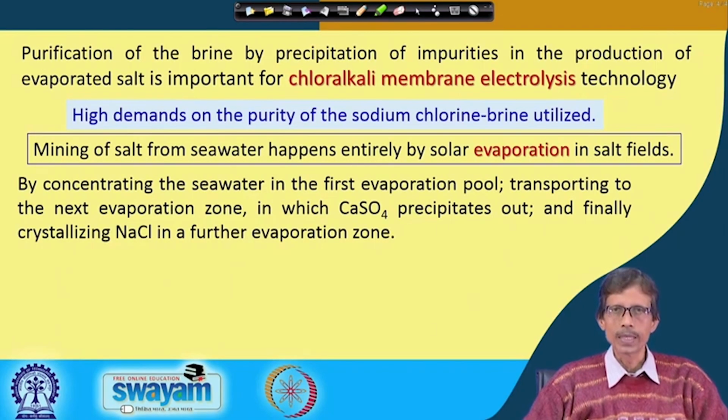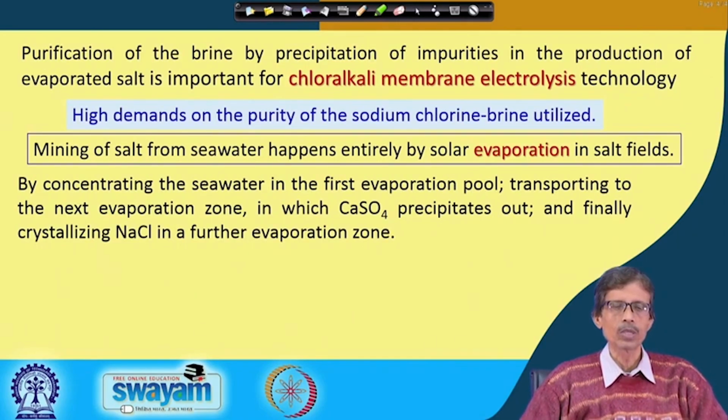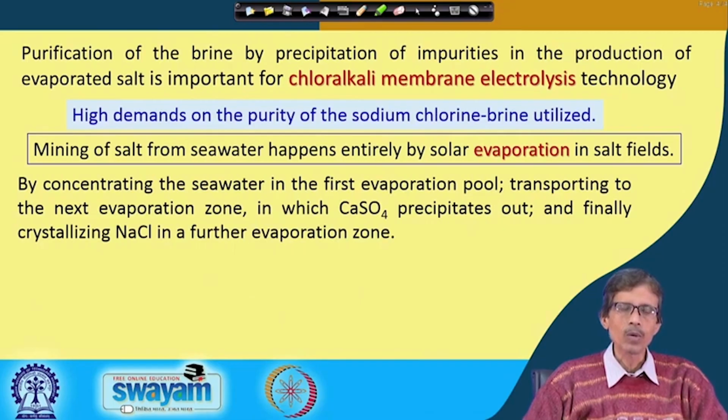During that precipitation, we should know that we are looking for a very highly concentrated solution of sodium chloride. Since the KSP value of calcium sulfate is different from that of sodium chloride, calcium sulfate will precipitate first, before the sodium chloride crystallizes out. So in that zone we should be able to take care of the calcium sulfate from the brine or seawater.